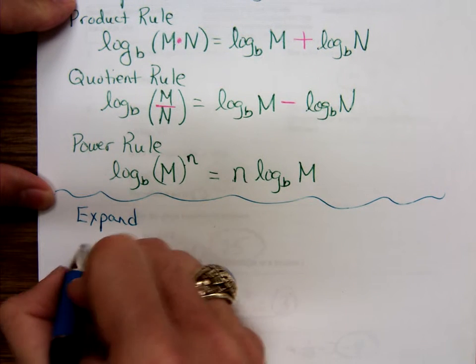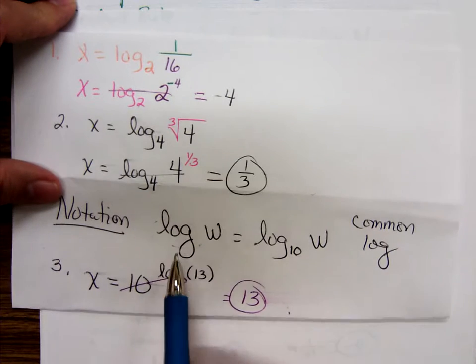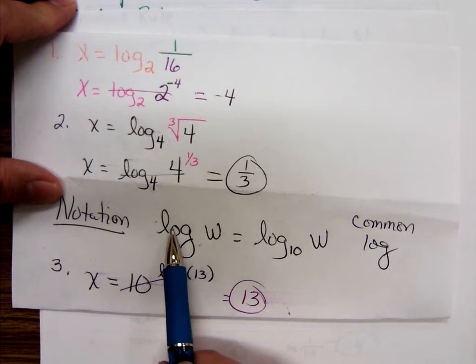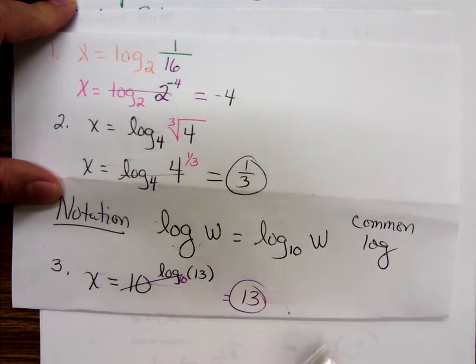Since I've already mentioned that if you write log without a base, we assume it's log base 10, it's called the common logarithm.